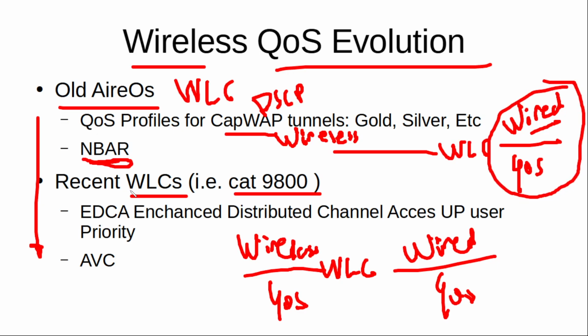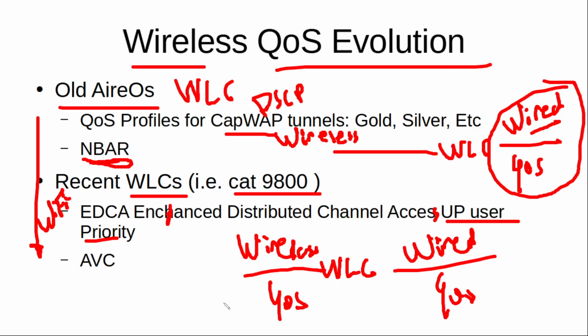But with the new controllers, we can enable something known as Enhanced Distributed Channel Access, which is a Wi-Fi extension that provides user priority over the air.